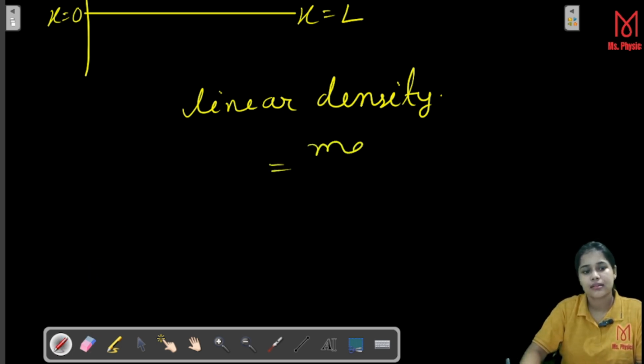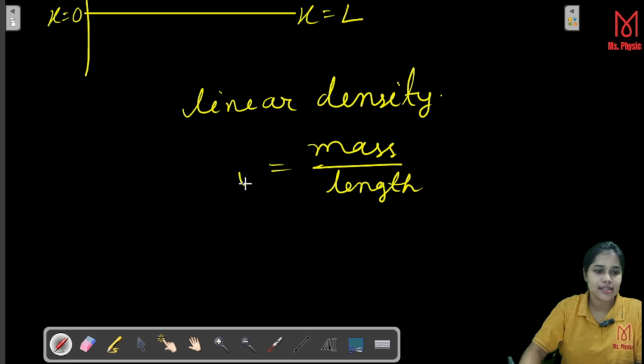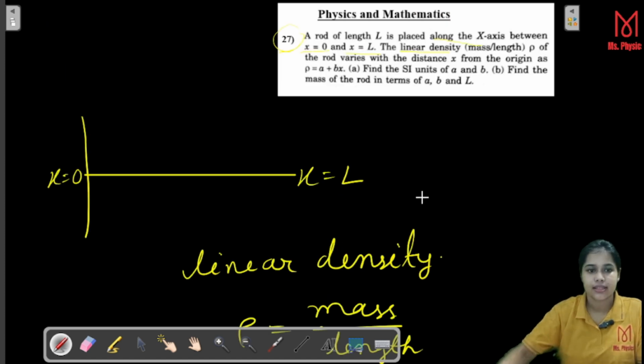Linear density rho is equal to mass over length. Rho is equal to mass by length.